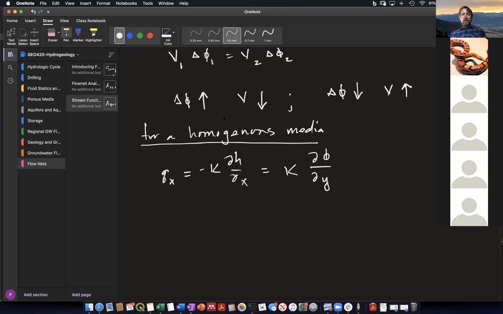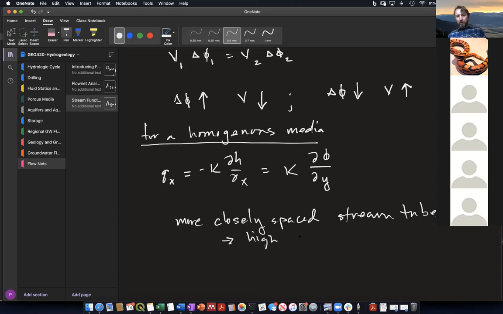So essentially, very analogous to this relationship that we wrote up here. The more closely spaced the stream tubes, the higher the flux, right?